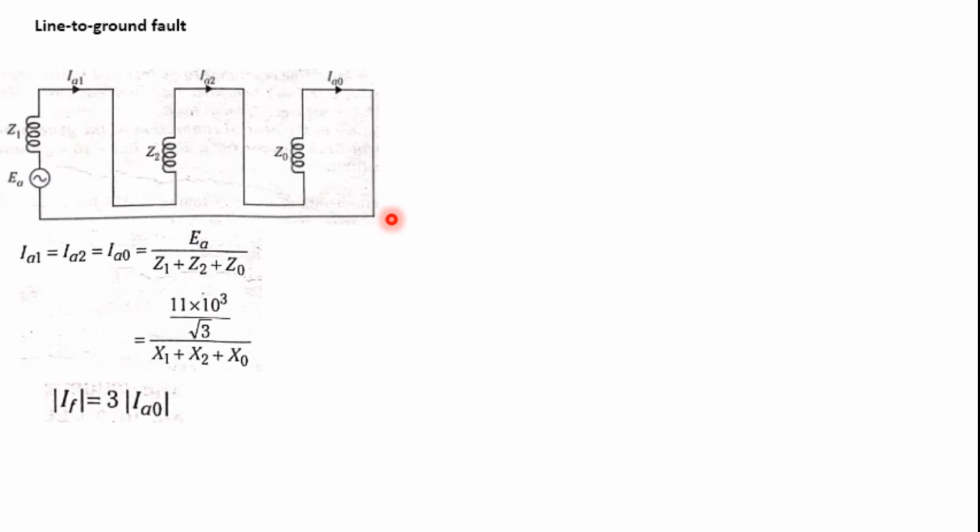Also it is given in the problem what the value of IF is. The expression for IF for the single line to ground fault is IF equal to 3 times Ia0. In the problem it is given that the fault current is 2200 amperes. Substitute the fault value here and calculate the Ia0 value.